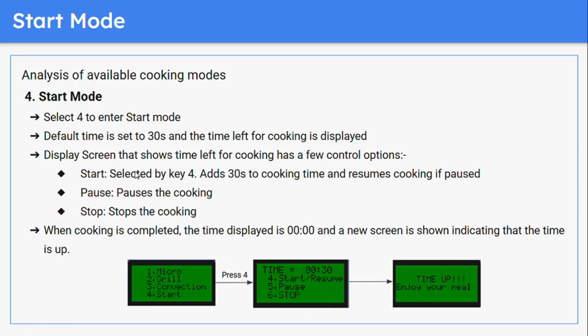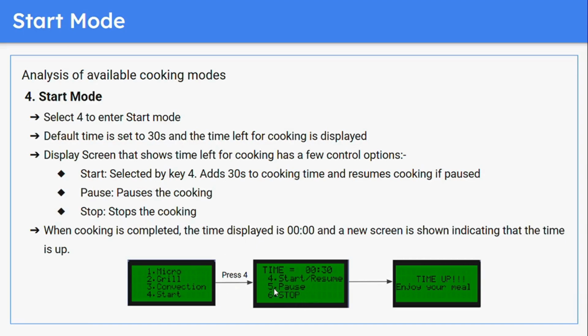There are 4 different options available for control during the process. Start mode is selected by key 4. This adds 30 seconds to the cooking time. Pause, which is selected by key 5, pauses the cooking. And stop, which is selected by key 6, stops the cooking.